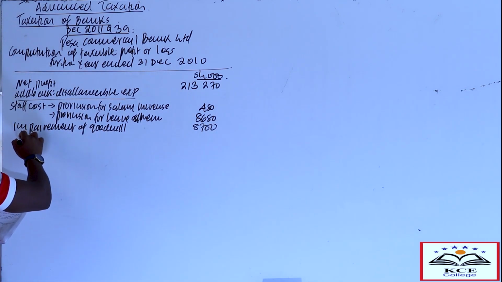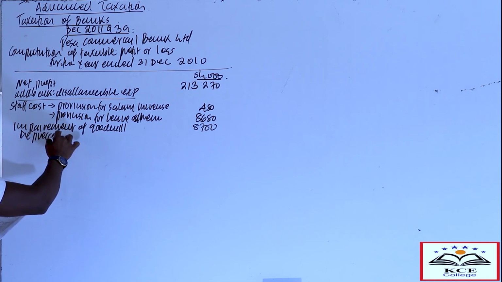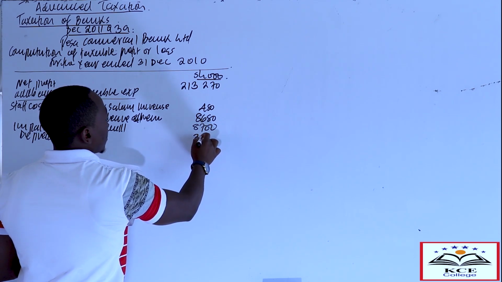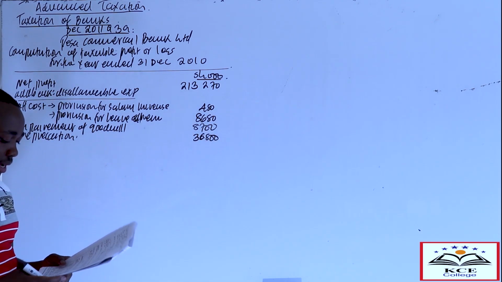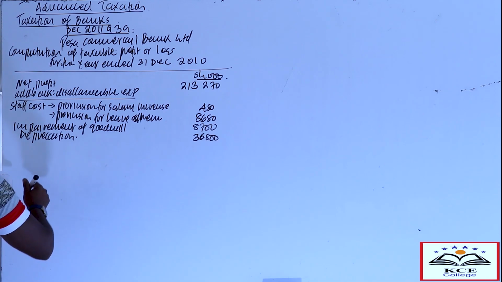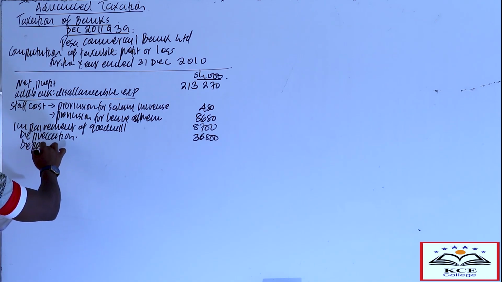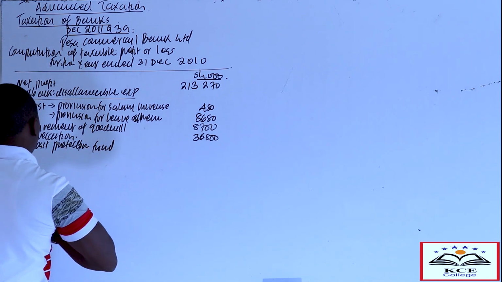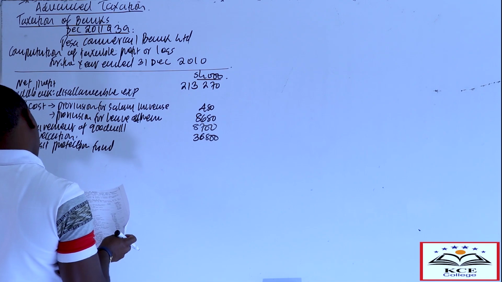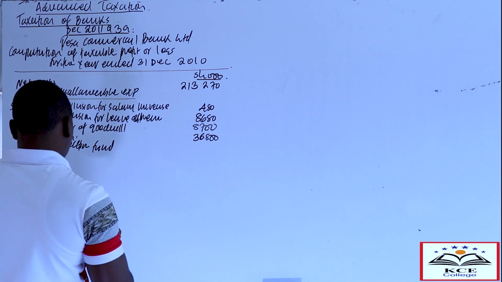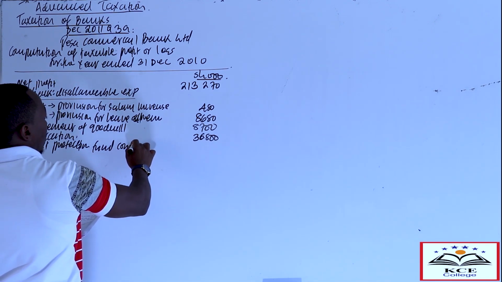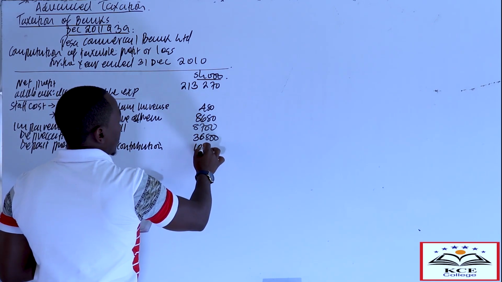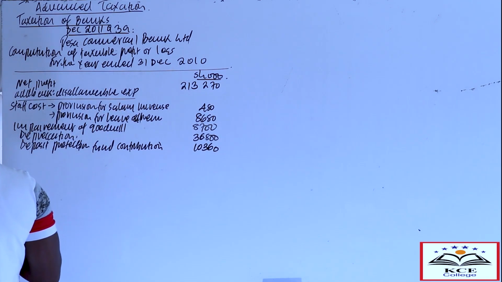Also, we had depreciation. Depreciation was an amount of 6,800. You add it back. Then we have the deposit protection fund contribution, an amount of 10,360.